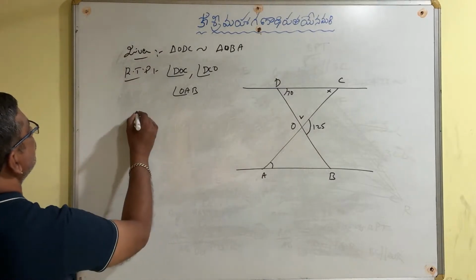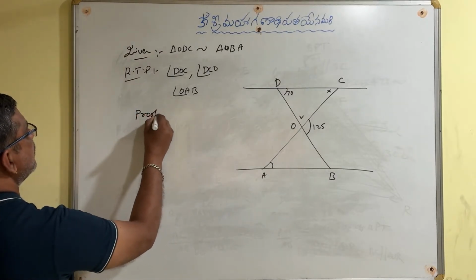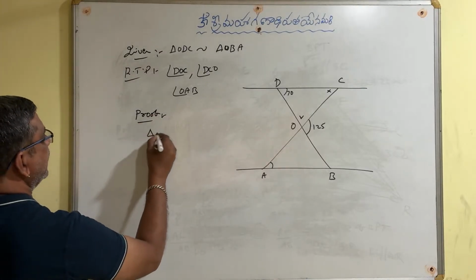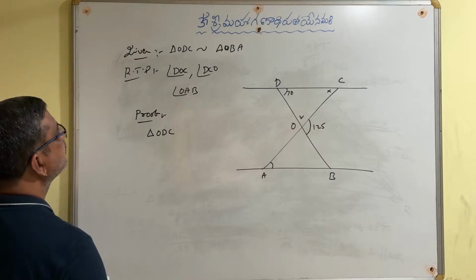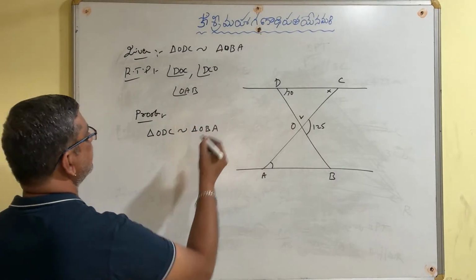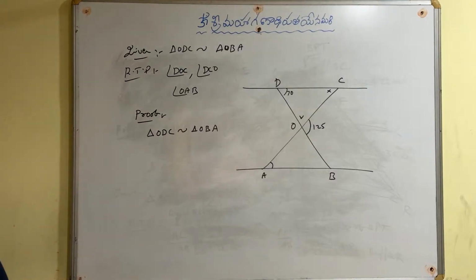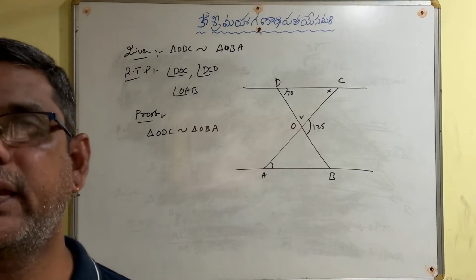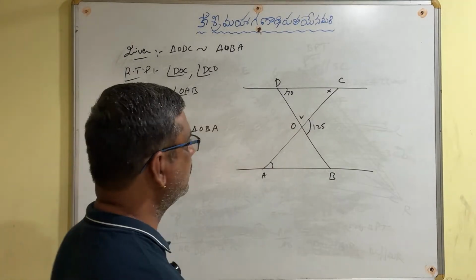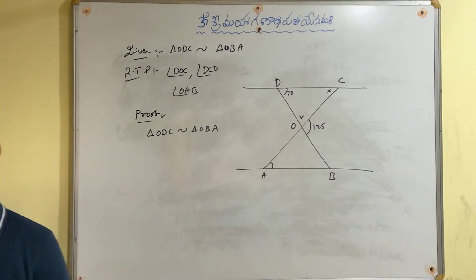Proof. Given triangle ODC is similar to triangle OBA. That means its corresponding angles are equal.